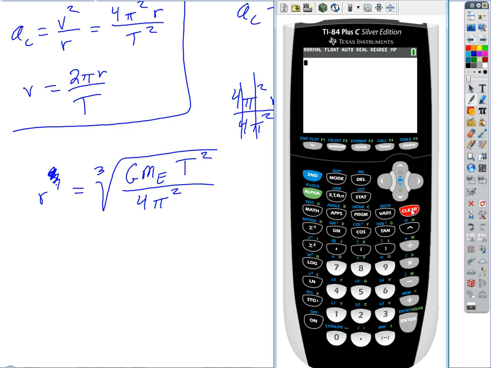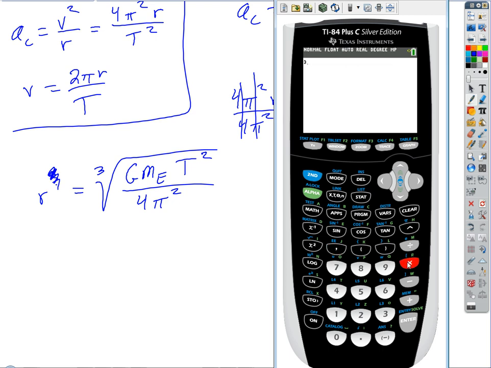So when we put all this in our calculator, we're going to get the cube root. Let's go math, cube root of the quantity G, which is 6.67 e negative 11, times the mass of the Earth, 5.98 e 24. It's like a battle of these huge numbers.